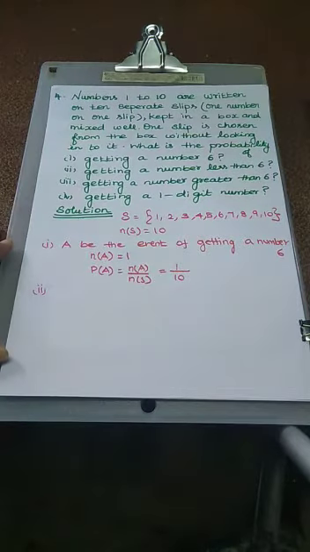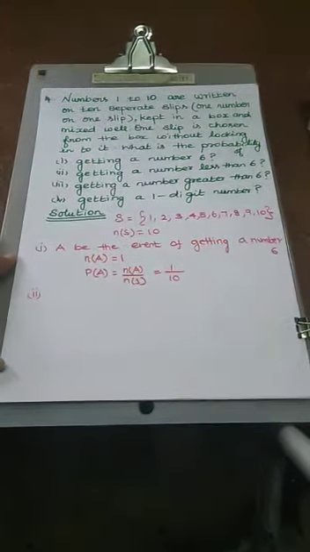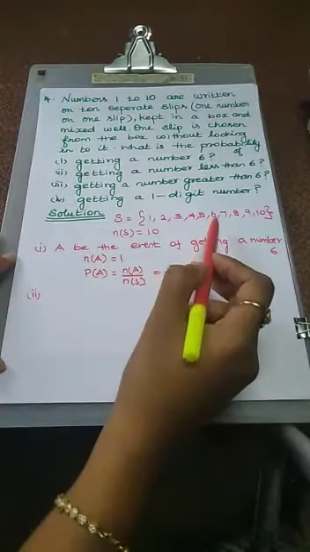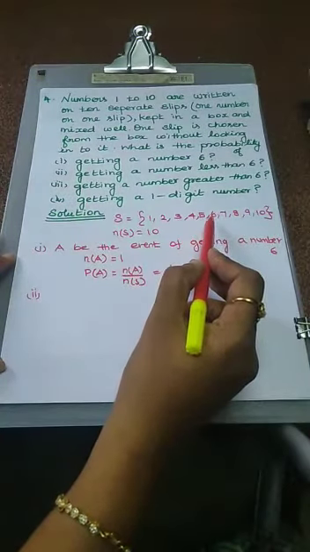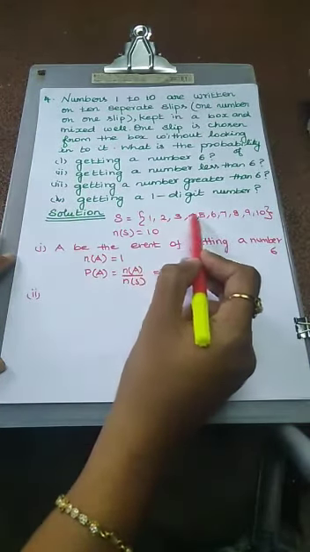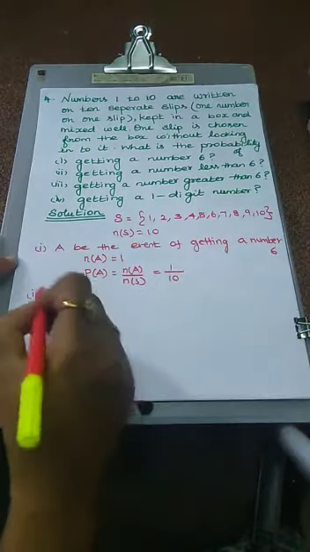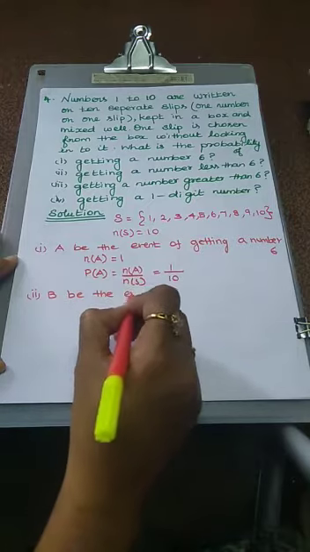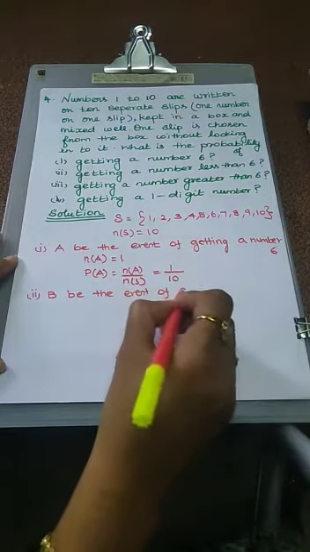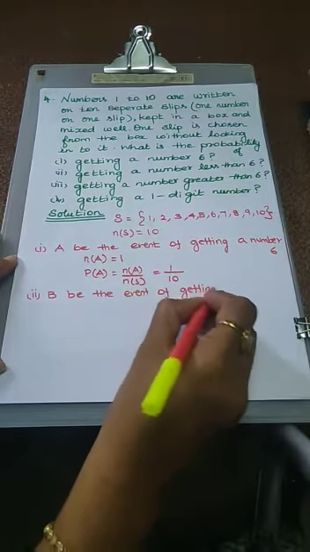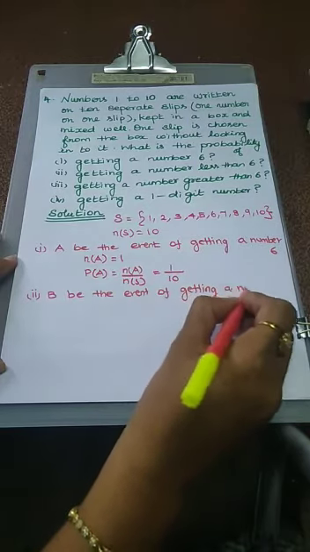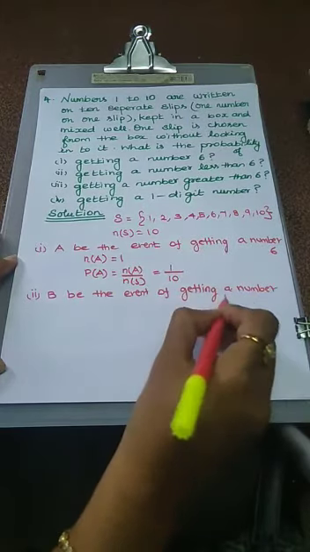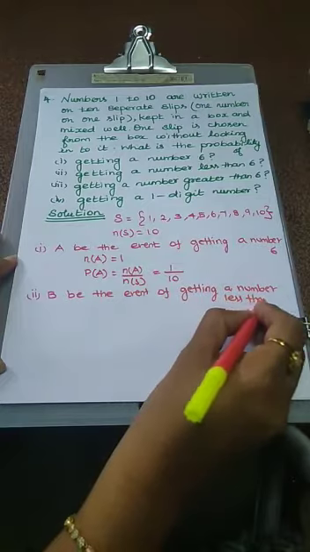Second subdivision, a number less than 6. Look at the sample space. Less than 6 means we have 1, 2, 3, 4, 5. The value is 5. So let B be the event of getting a number less than 6.